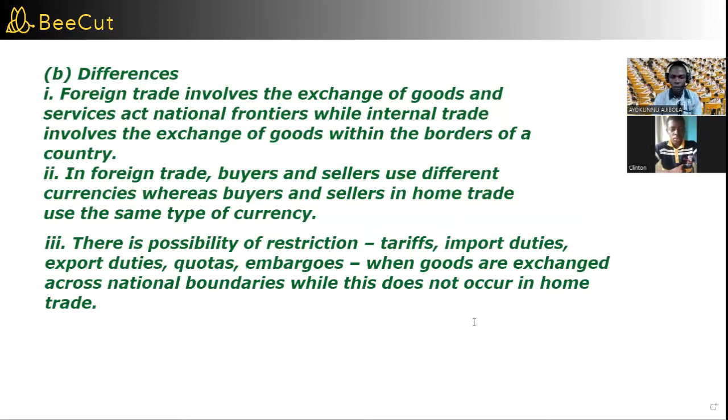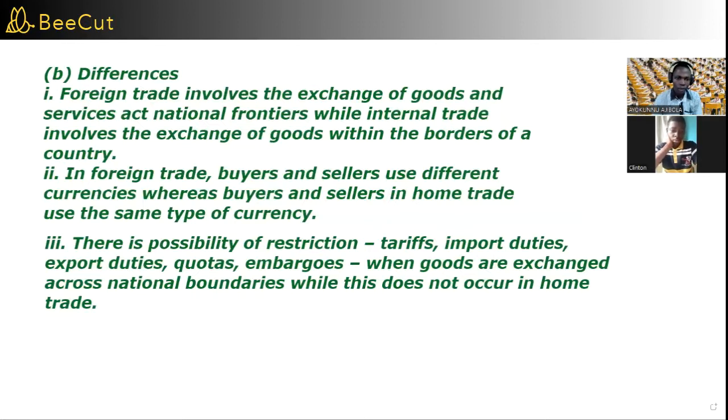So there is no import duty when you're transferring between states within a country. But if it is outside the country, this is where smuggling comes from, because people don't want to pay the quotas on top, so they try to smuggle, and that is why we have the customs officials to get them arrested for trying to corner their way through.